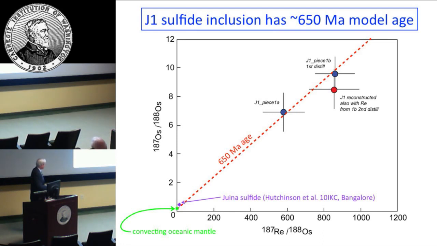It actually is a precise enough analysis. If you blow the scale up, this is actually higher than the mantle and would give an older age like that. But on this scale, it's not inconsistent with the idea that at least these sulfides that are floating around in the mantle in this particular diamond are 650 million years old. The uncertainty on this model age, if you put an envelope around these error bars here, would be about 150 million years.